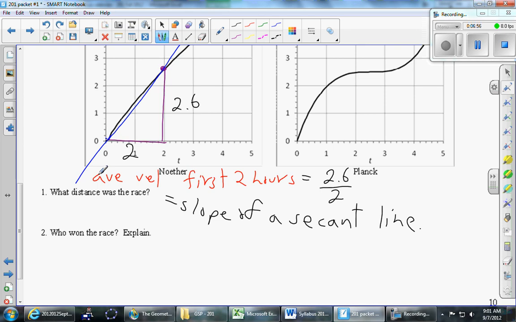And that leads someplace good, because if I were to, for example, let's do this one right here. Let's see if we can estimate the instantaneous velocity at t equals 3 hours.